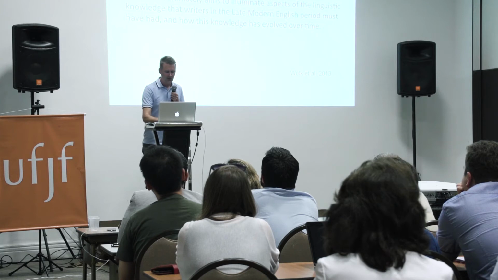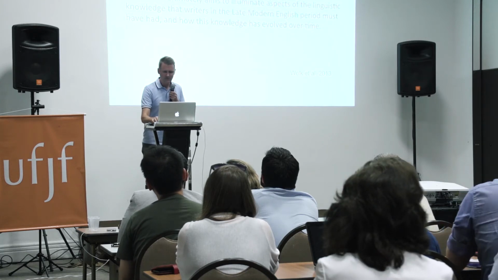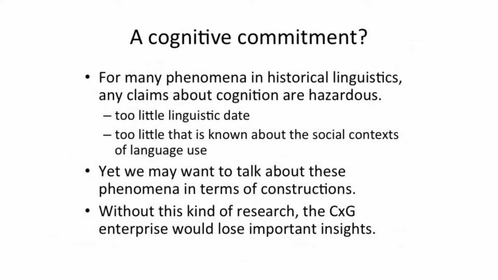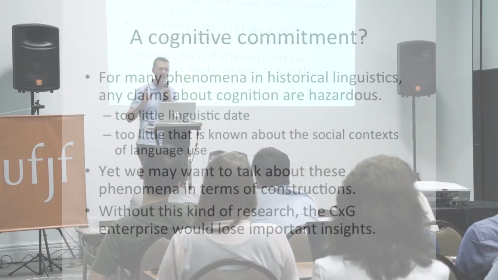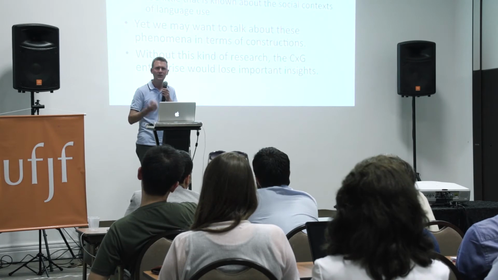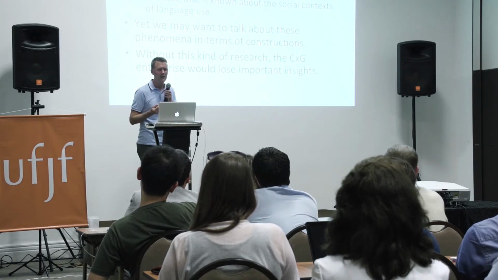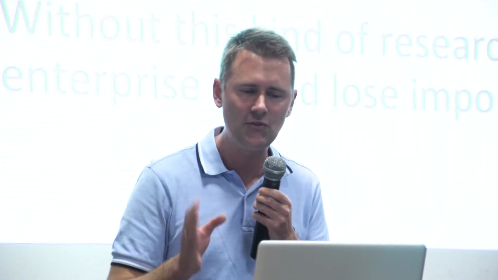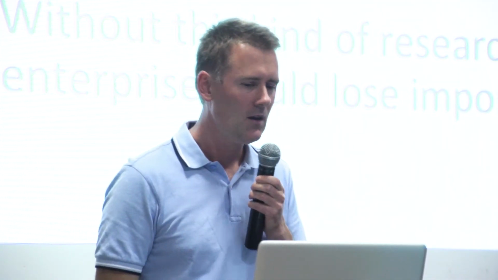All right, so the question now is, do we want something like a cognitive commitment for diachronic construction grammar? Do we want to say that construction grammar has to be about mental issues, and so we don't want studies that just address the physical record?